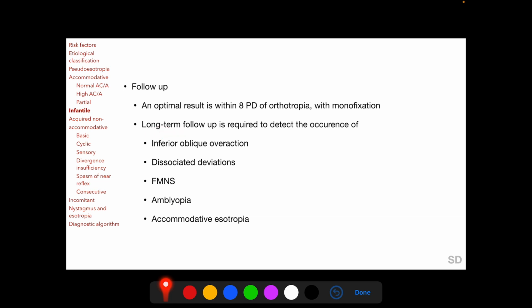Long-term follow-up of patients undergoing surgical correction of infantile esotropia is required to detect the occurrence of inferior oblique overaction, dissociated deviations. We may recall that inferior oblique overaction and dissociated deviations have an onset after 1 to 2 years of age. FMNS or latent nystagmus, amblyopia development, and development of an accommodative component to the esotropia.